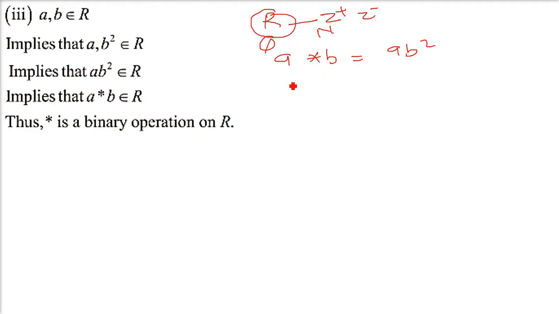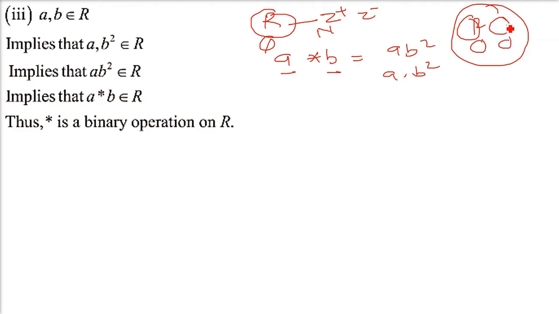If you take A from the real number set and B from the real number set, and multiply B twice and A a single time, that is A B square, it will always be a real number. As I said, the real numbers are a bigger set, and all other sets we have discussed up till now are inside it. So any number you take will be in this bigger set. So star is a binary operation on R, the real numbers.